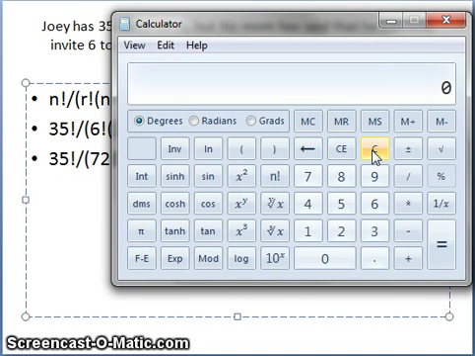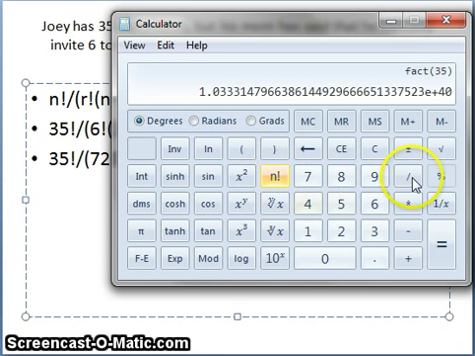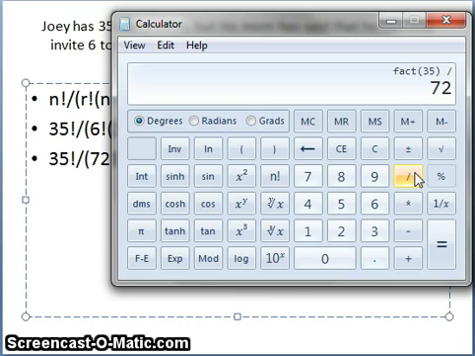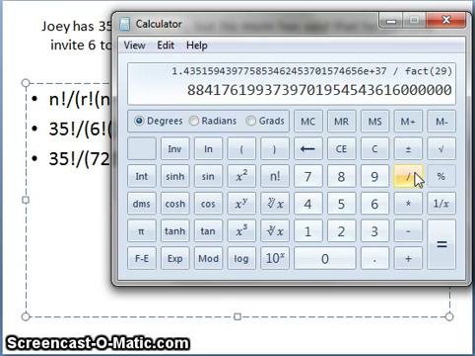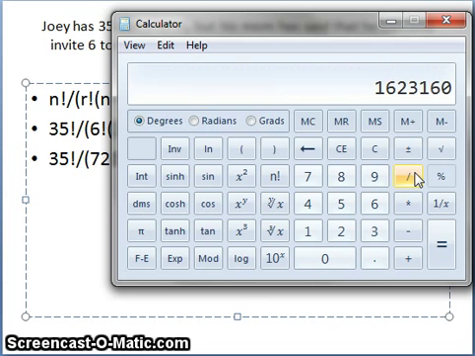Watch how carefully I put this in. 35 factorial divided by the 6 factorial, which was 720, and then divided by that 29 factorial. And now that is manageable.